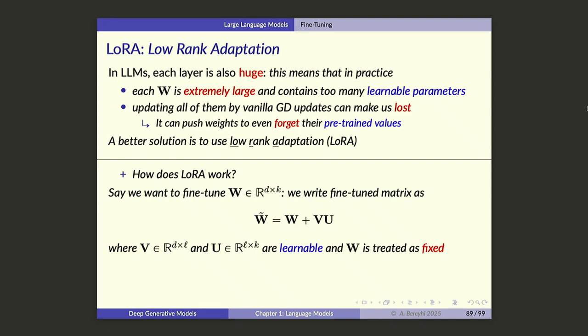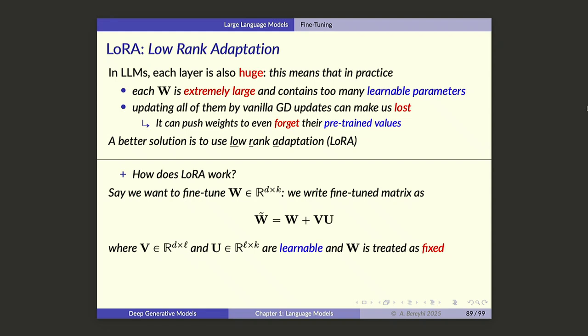D is very large, so it has many rows but only a few columns. So here is D, here is L. And U is L times K, so it's now a very fat matrix. It has K different columns, only L different rows.